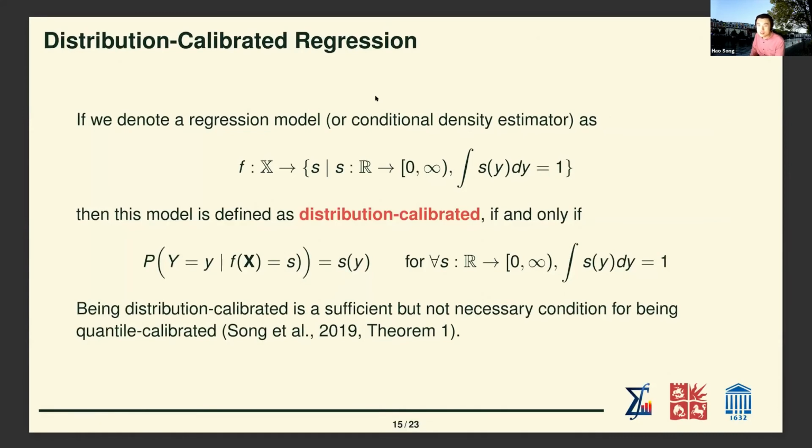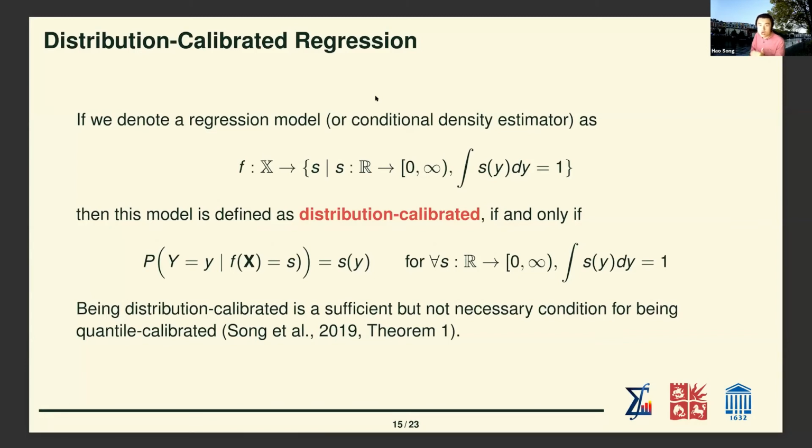And then, as in the case of true multi-class calibration in classification, we also have a similar concept for the regression case, which we denote as distribution calibrated regression. Although here we only consider a simple regression case, this concept can be generalized to any conditional density estimator where your model provides P of y given x. In the regression case, you can think of this P of y given x as modeled by a Gaussian distribution.